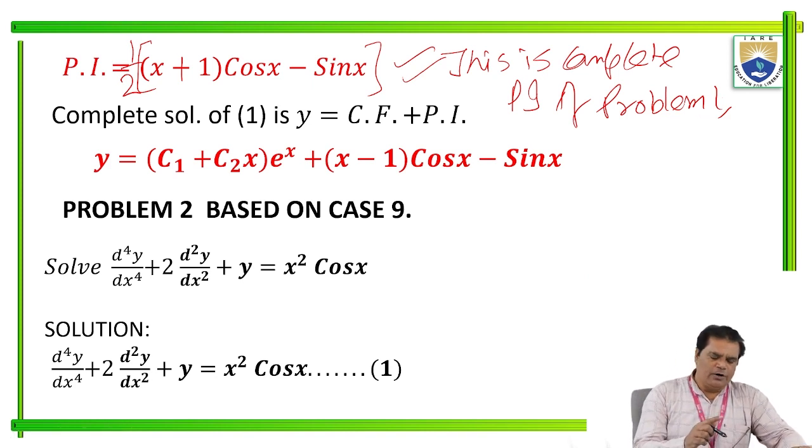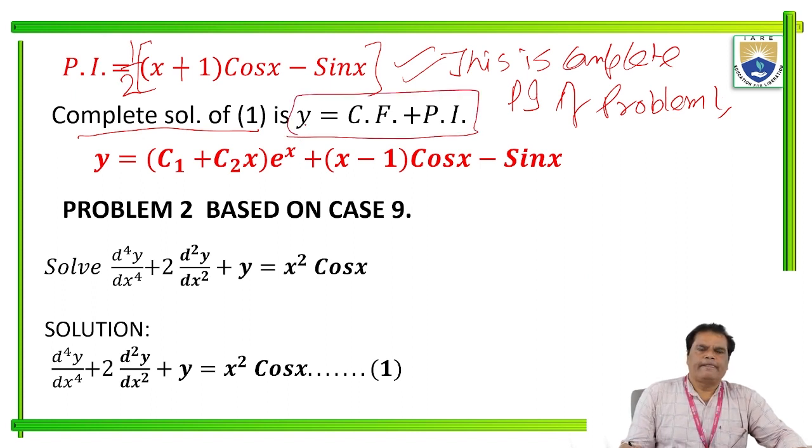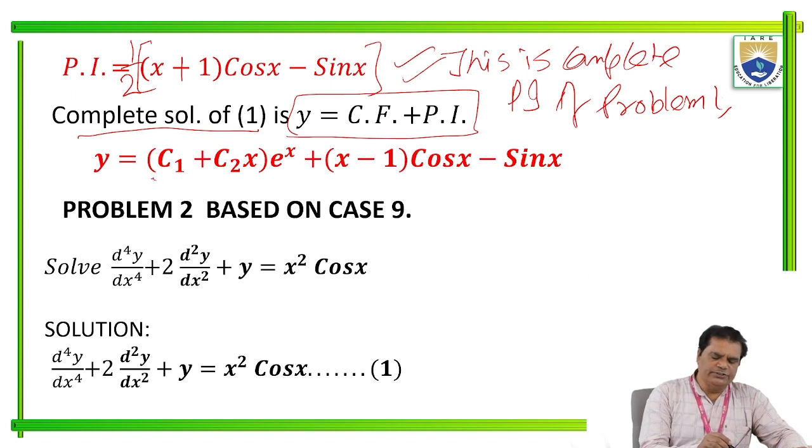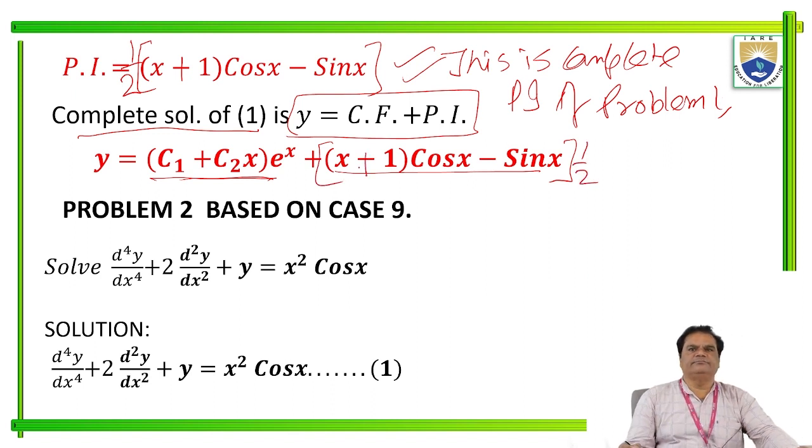Okay. Now the complete solution of problem 1. Equation 1 means y is equal to CF plus PI. So now y is equal to this complementary function, and this is the PI. This PI is multiplied by 1 upon 2: C1 plus C2x, e to the power x, plus 1 upon 2 times x plus 1 cos x minus sin x.